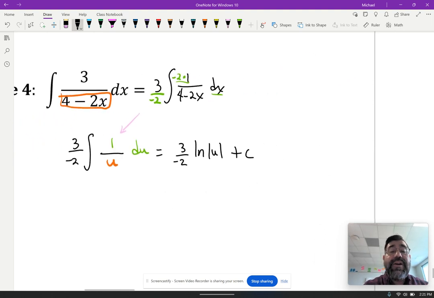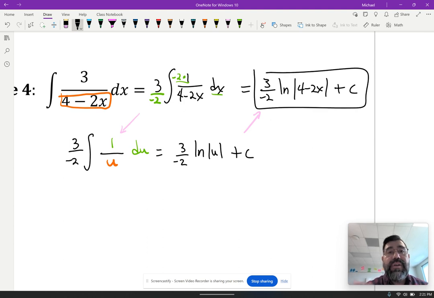Now I can revert back into the world of x's, and my true antiderivative would be the natural log of the absolute value of 4 minus 2x plus c. We put that u expression back in, and we have our antiderivative, indefinite integral. And that's it.